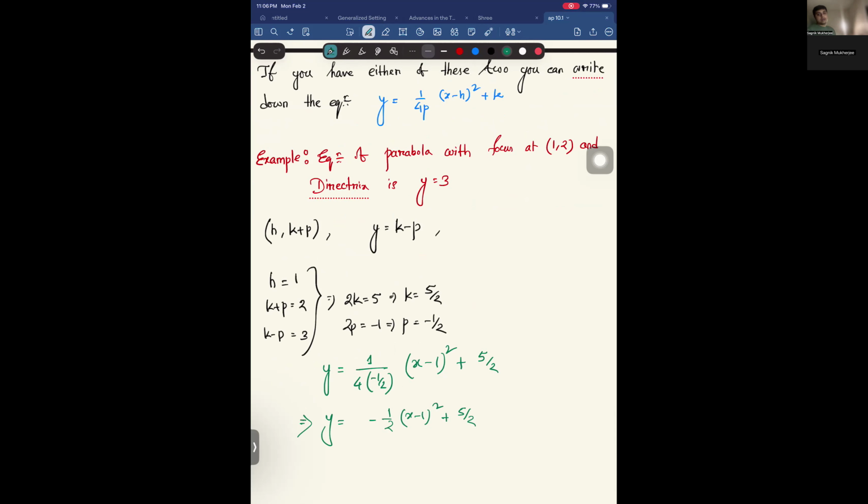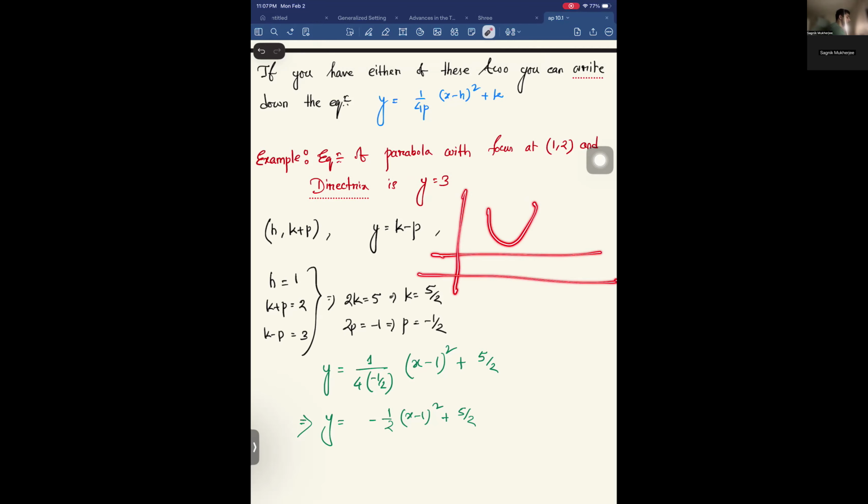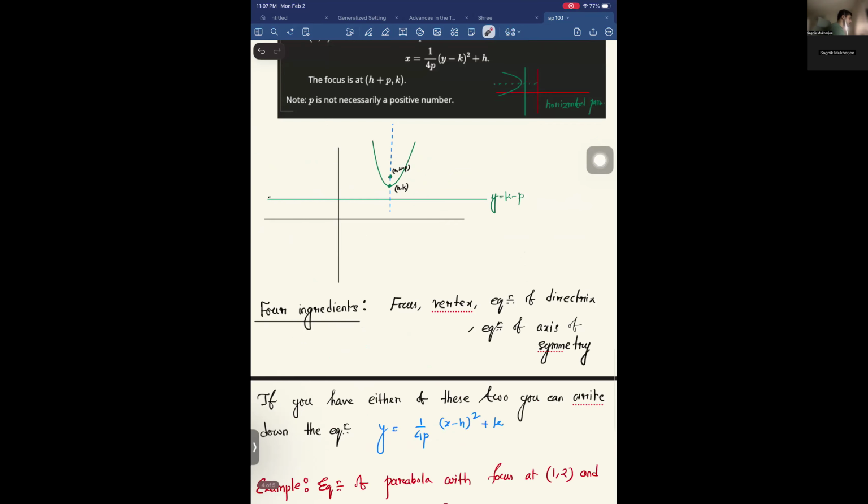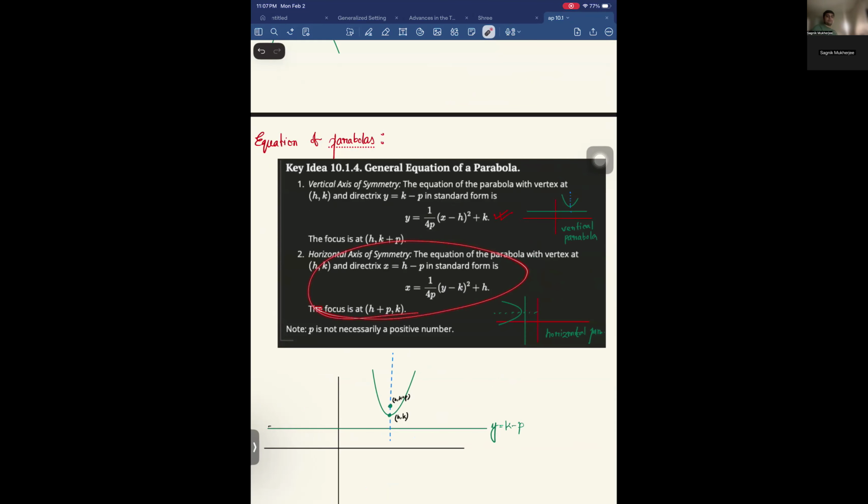That's it. So notice that first of all, the directrix is parallel to the x-axis, right? So that's how I could use this. Had the directrix been something like x equals 5, then I would have to use the other formula, meaning this one. Okay.